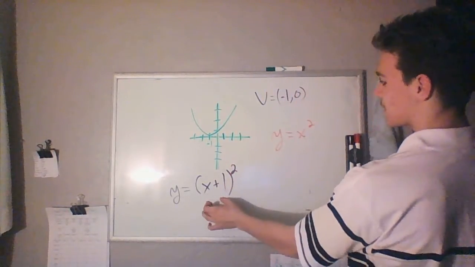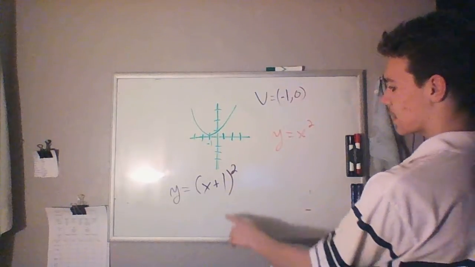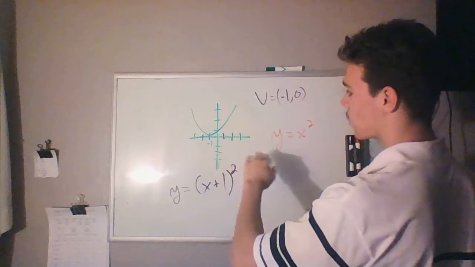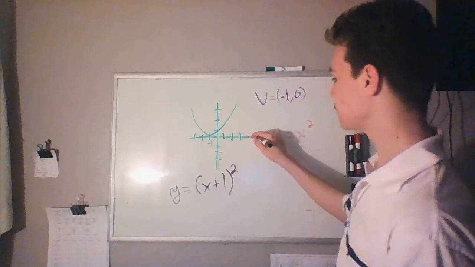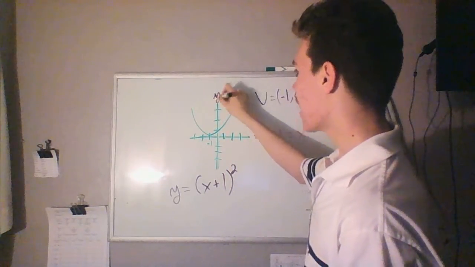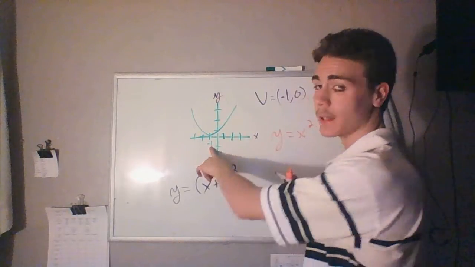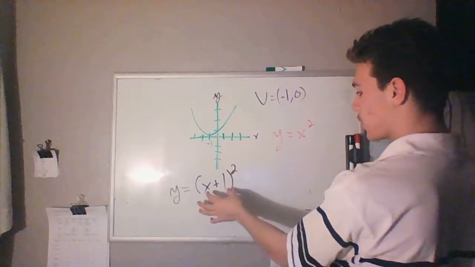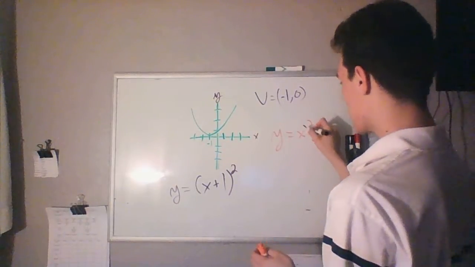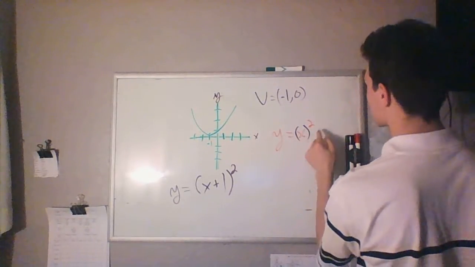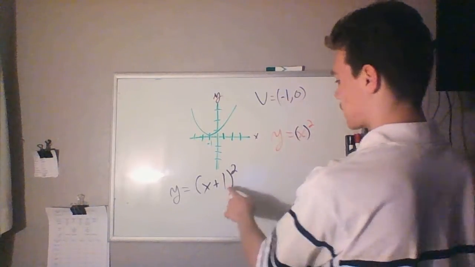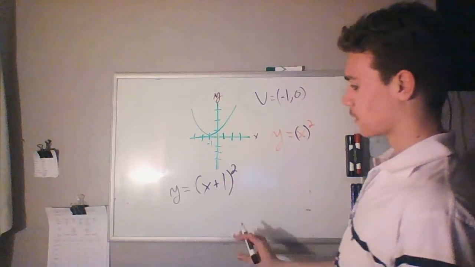So how we get this inside and not this is because we have x, and now that we have plus 1. So when you're going on the x-axis, you're always going to do the opposite of what the number is. So since it's -1, we're going to put 1. Since both of them are squared, because whatever's inside of x is going to be squared. So now the 1 is going to be inside the x. So x plus 1 squared. So you're going to square everything.